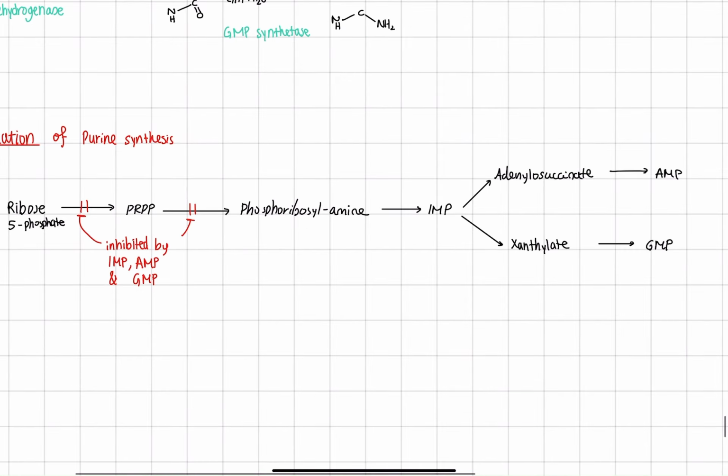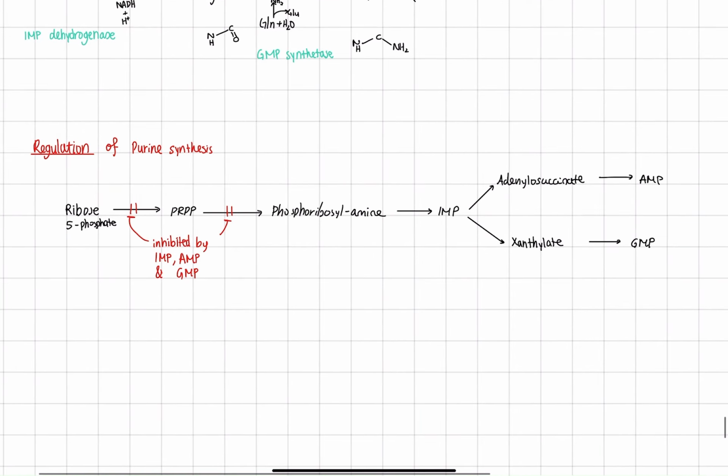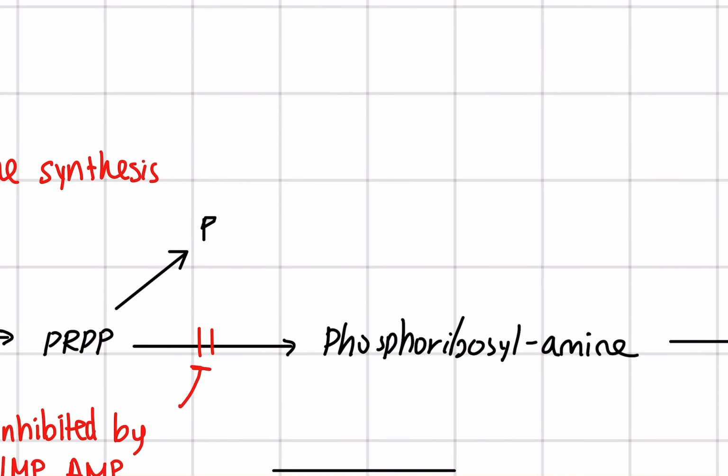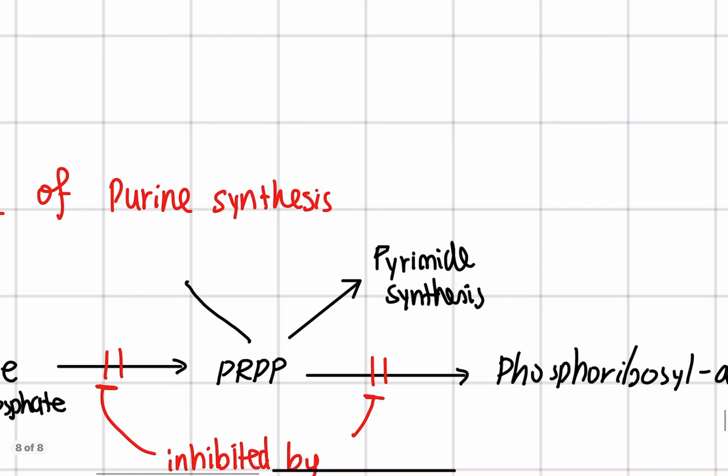Because we don't need that anymore if we have a high concentration of IMP, AMP, and GMP. And then PRPP, right, can be used in pyrimidine syntheses and histidine.